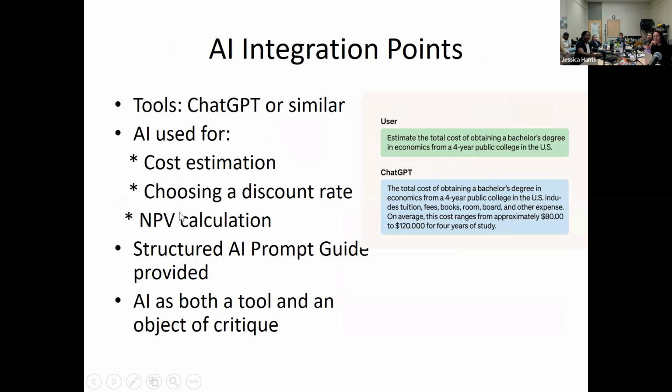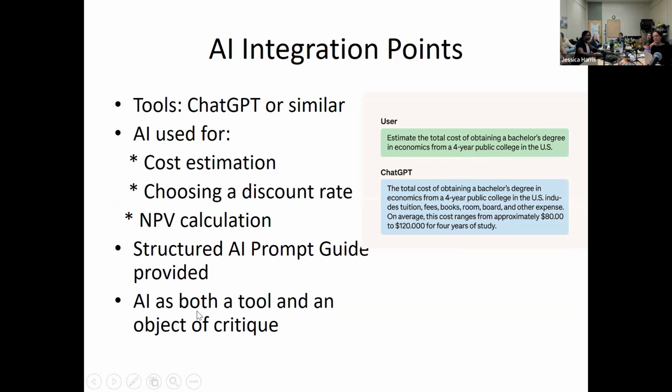Okay, so the AI integration points were going to be for the cost estimation of the various education parts, choosing a discount rate, which you are supposed to prompt the AI accordingly so that you'll be able to get the discount rate that actually reflects your personal situation, and then the NPV calculation. And then I kind of provide them with a structured AI prompt guide.